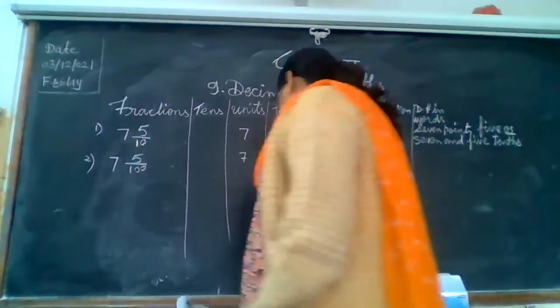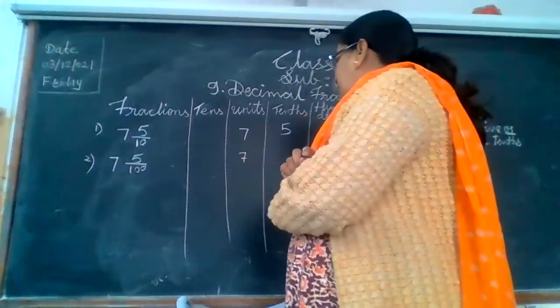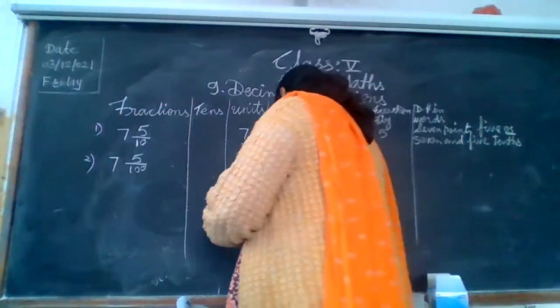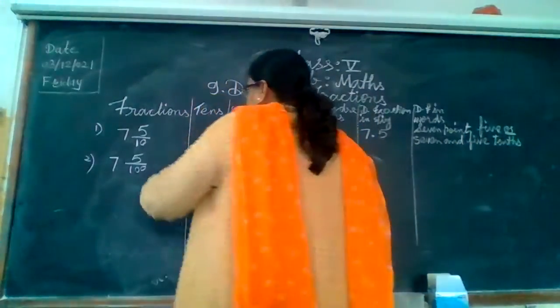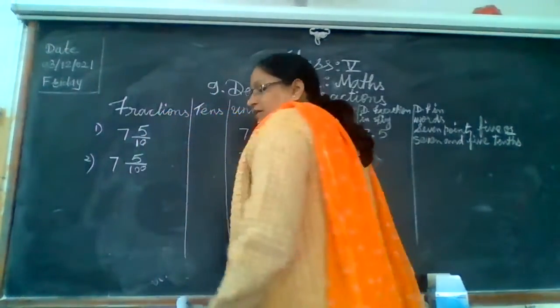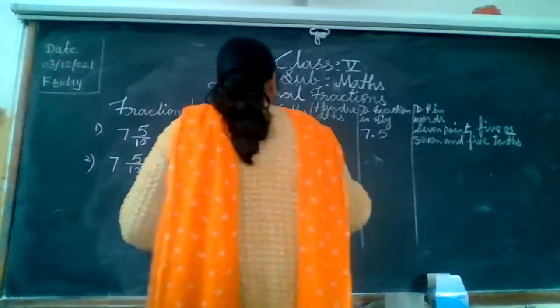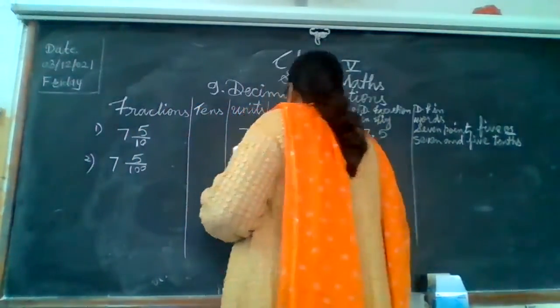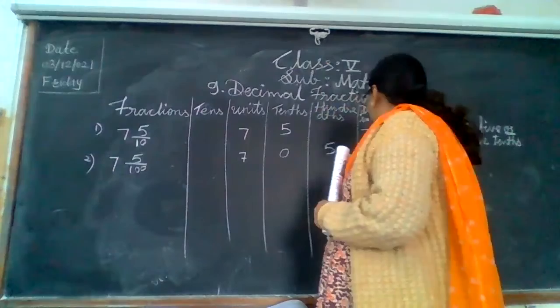The tenths place has 0, and it is divided by 100. Therefore it is 5. And the fraction for this is 7 whole number.